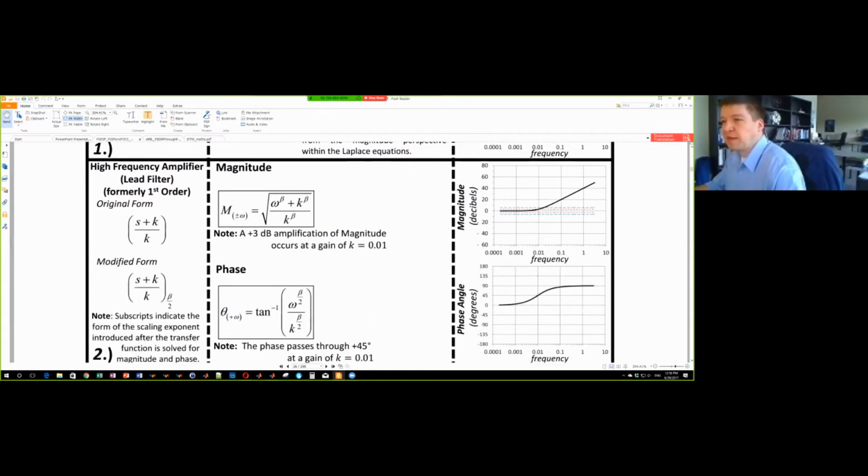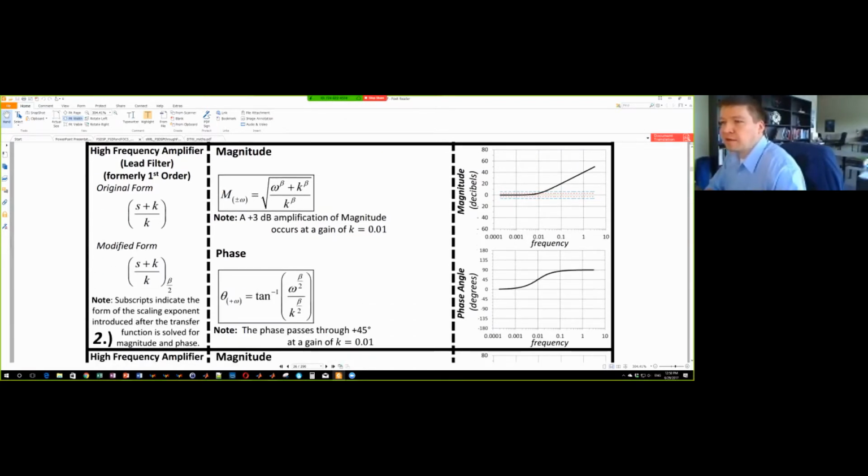So, for example, we can have a high frequency amplifier, or a lead filter, where when you solve this with a scaling exponent, the K value or the gain value is where the spectrum will change at 3 decibels. So there'll be a 3 decibel amplification of magnitude at the gain value, K. And for phase, that's also where there's a plus 45 degree phase change at that frequency.